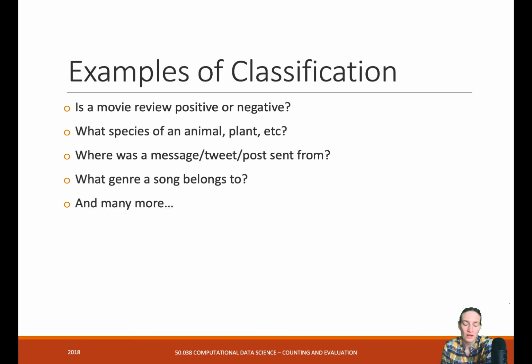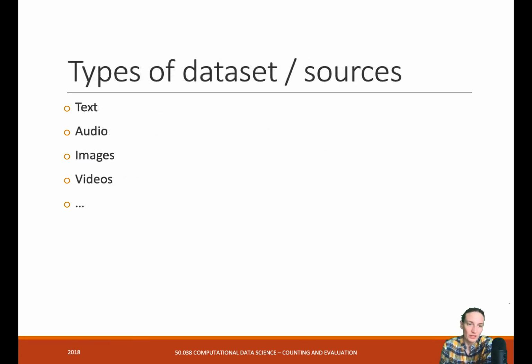Okay. If you look at the input, we can have different types. So we could have text, audio, images, videos, and probably forgetting some, signal time series, sensor input, etc. So I think last week in the lecture and lab, you should have practiced a little bit on how to deal with different types of data, such as text. But we are going to be focusing on each of these modalities more in the future labs.